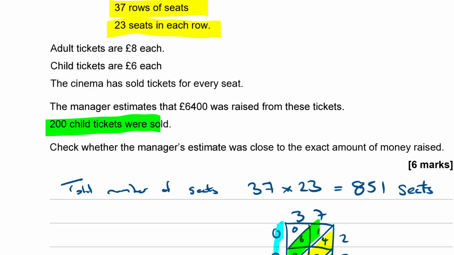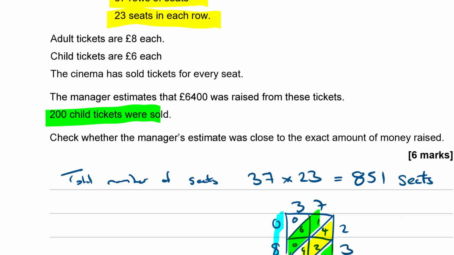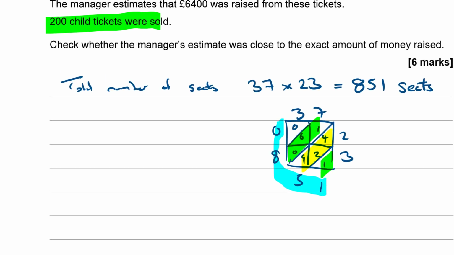So from that we can work out the number of adult tickets and child tickets that were sold altogether. So adult tickets is going to be the total number of seats less the number of child tickets sold, which was 200. So that is 651. Okay, so we've got adult tickets 651 and child tickets 200.